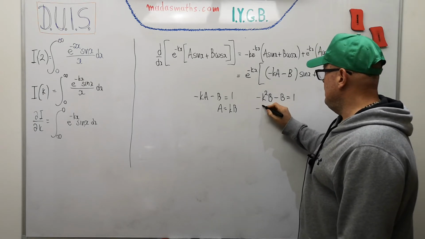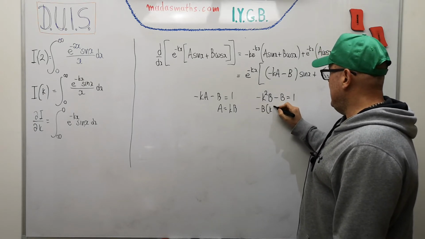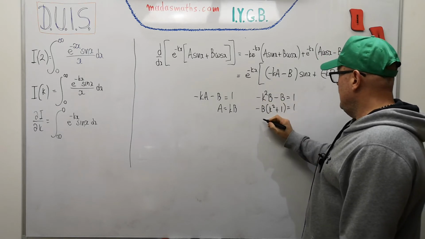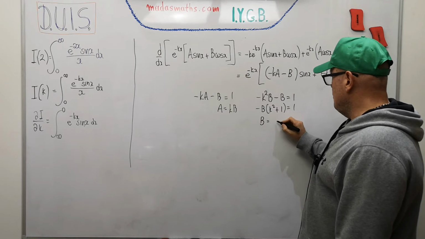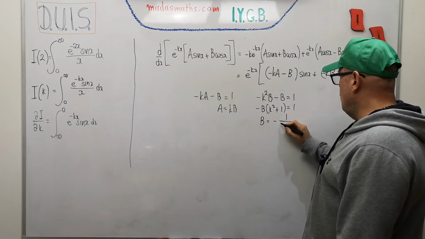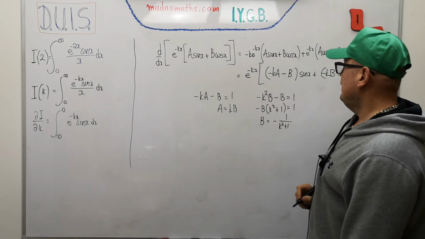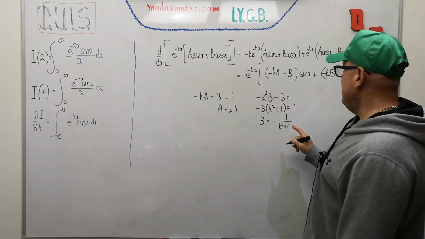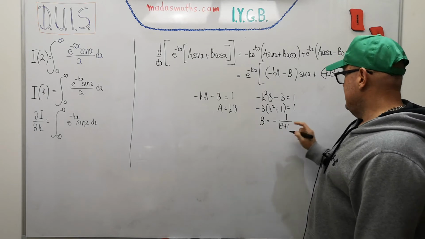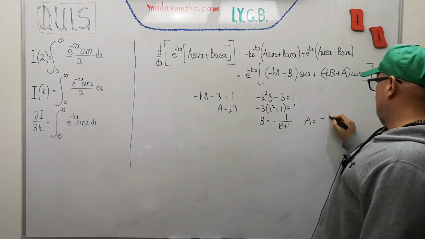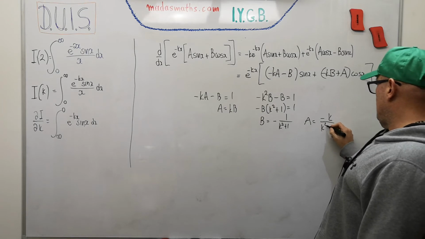Factorize b, that will give me b times minus k squared plus 1 is equal to 1. So my b is going to be equal to minus 1 over k squared plus 1. So that's my b. And my a is k times that. So my a will be minus k over k squared plus 1.